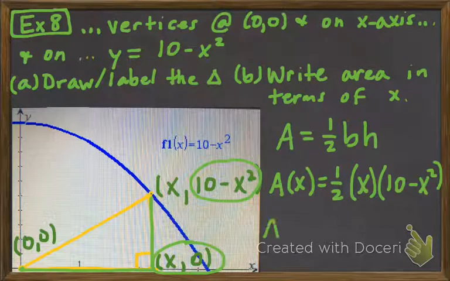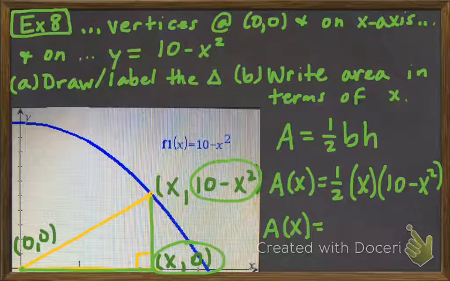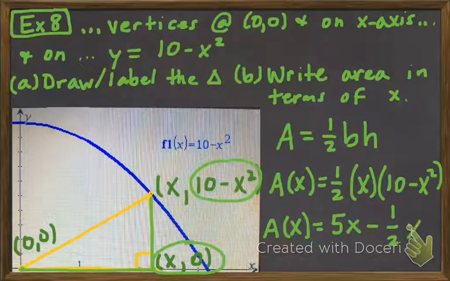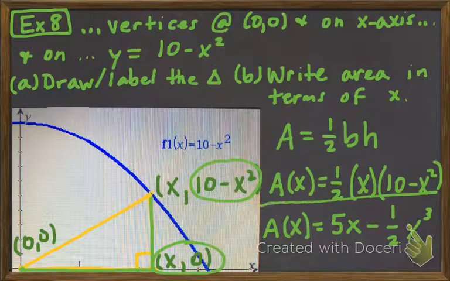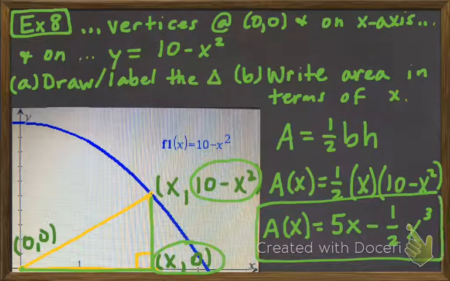And then again, as we did on the previous example, we have some distributing to do, and we, ironically enough, are also distributing 1/2 x in this problem. So 1/2 x times 10 would be 5x, and then 1/2 x times x squared would be minus 1/2 x cubed. And that is our area formula for the triangle as it was described, and the end of our geometry examples.